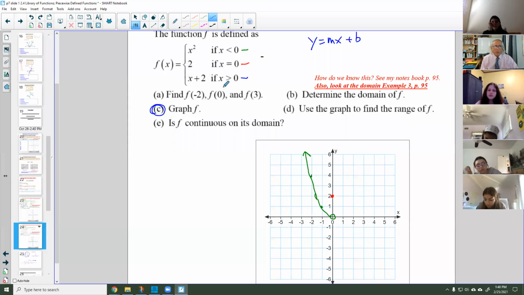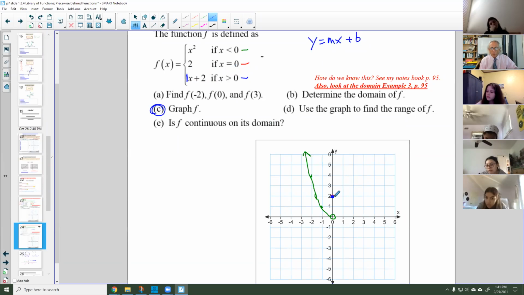So it means that I'm going to graph this x plus 2, ignoring the domain here for a minute. Well, I would start here at the b, the y-intercept. I'll make that blue now, even though it's red also. And my slope is 1 because there's an implied 1 right there.